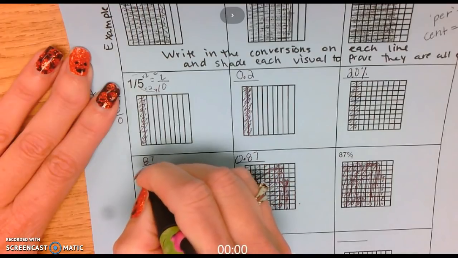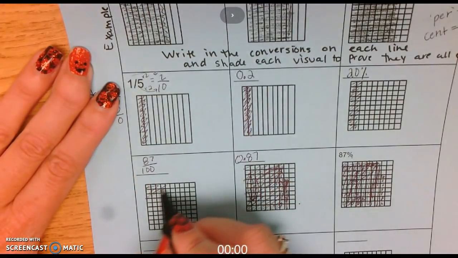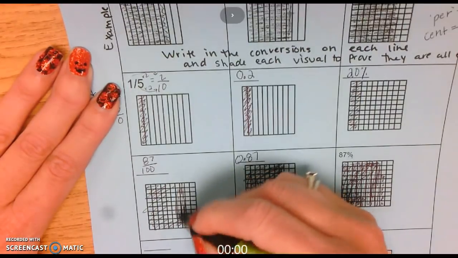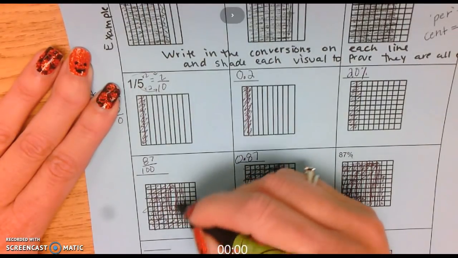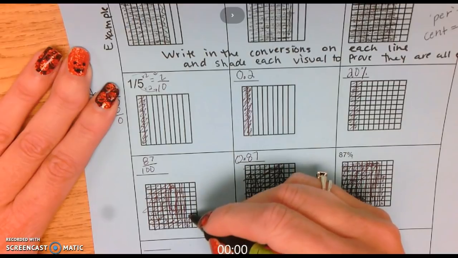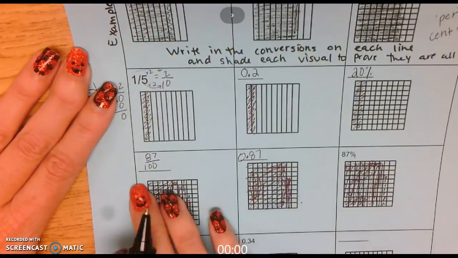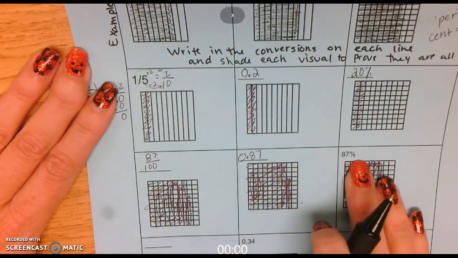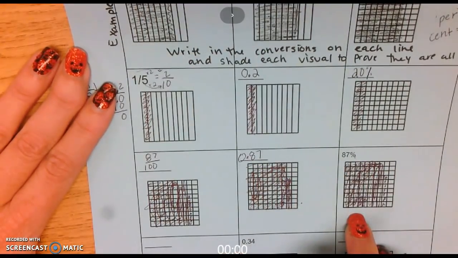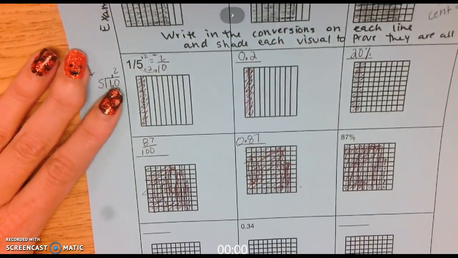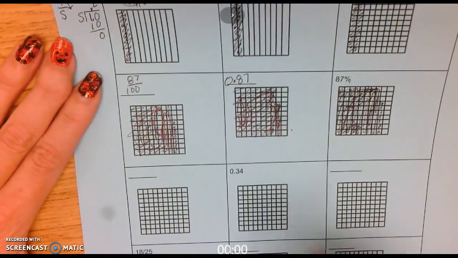The whole would be 100. 87 hundredths. So all of that in there. And 7 more. There we go. 87 hundredths, 87%, 87 out of 100. All names for this amount of our whole, this part of our whole.